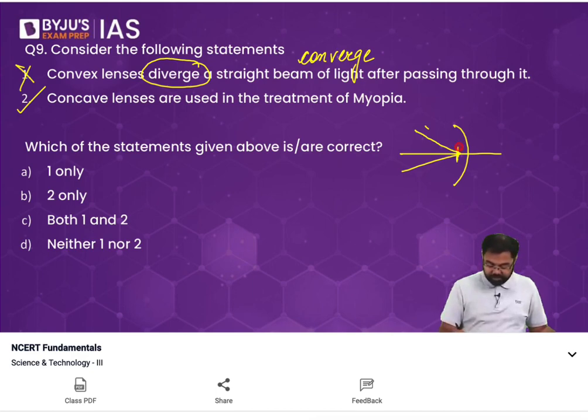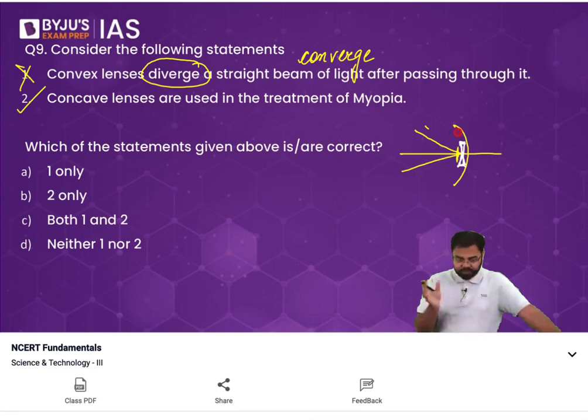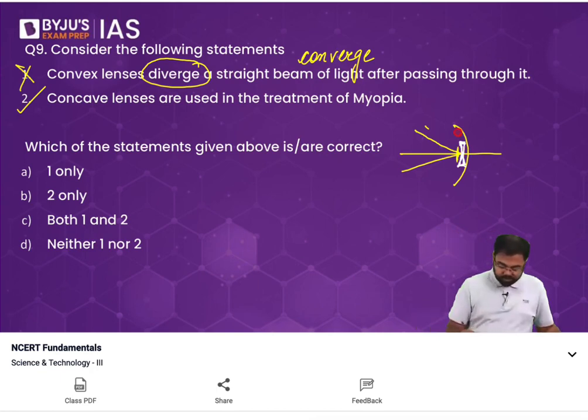We'll place a divergent lens here. So if this is your eye, this is where the convergence was happening, then in that case we would use a divergent lens here.